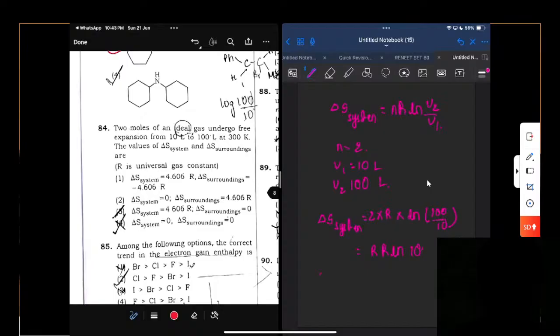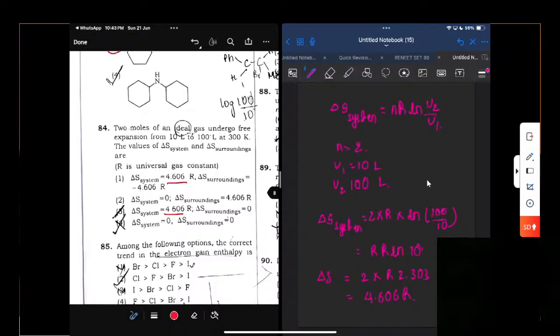This is nothing but delta S of system is equal to 2R into 2.303, which is 4.606 R. Delta S of system is 4.606R. We have this in options 1 and 3. So we have to check for delta S of surrounding.